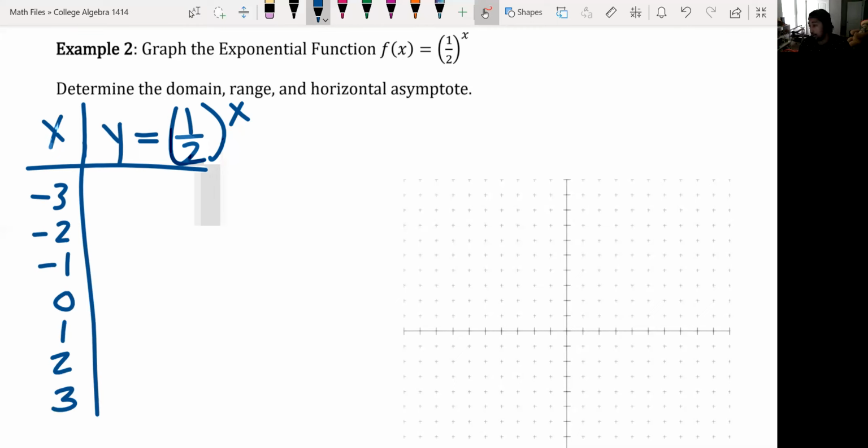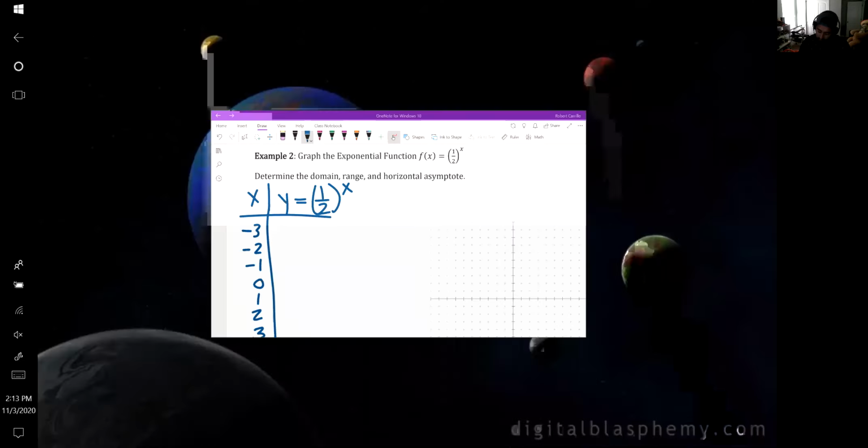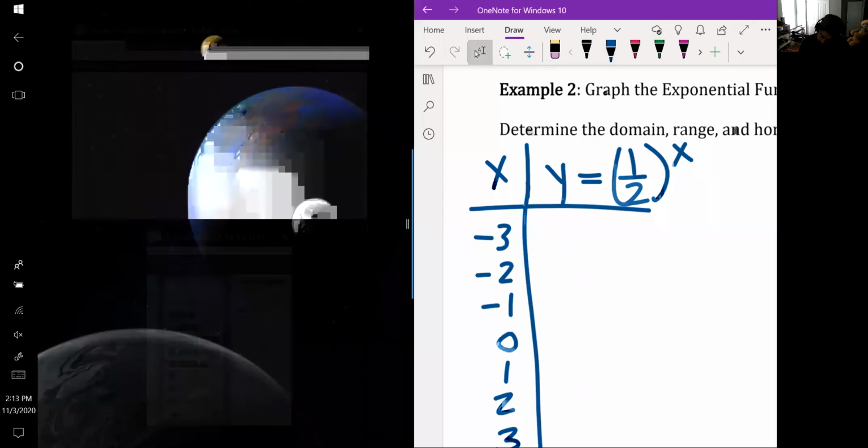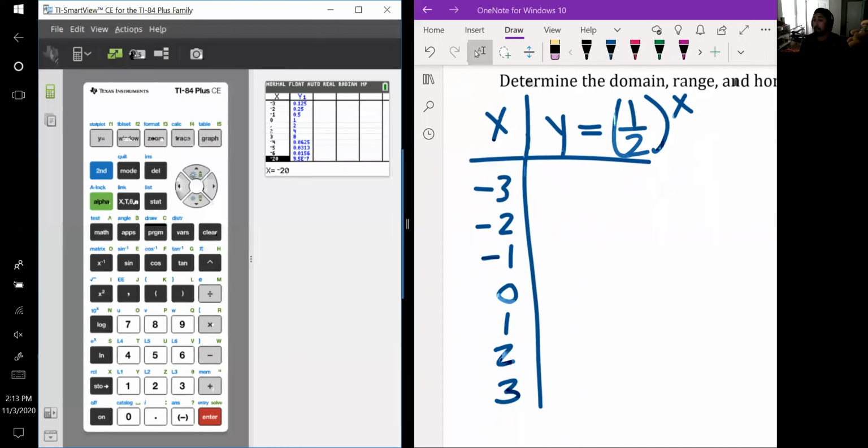Okay, calculator time. And we're going to type in 0.5, which is basically 1/2, raised to the x. And then second graph.